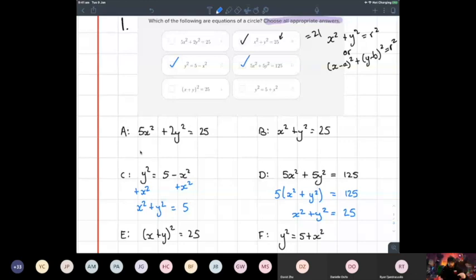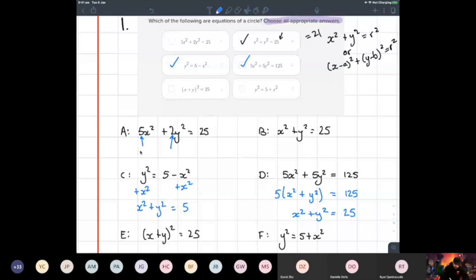Now that we've done that with D, if we come back and look at A, the problem with A is that you have a 2 and a 5, and there's not a common factor there. We can't get them out. What that means is our x squared and our y squared are slightly different from each other.